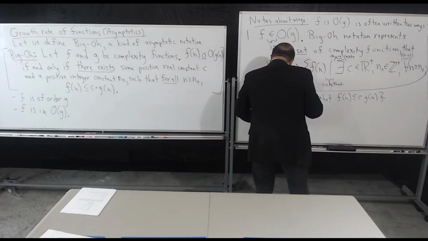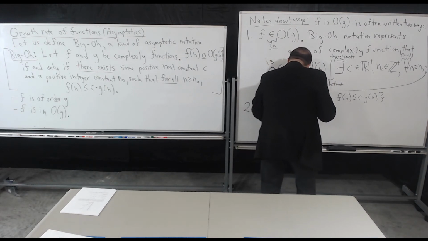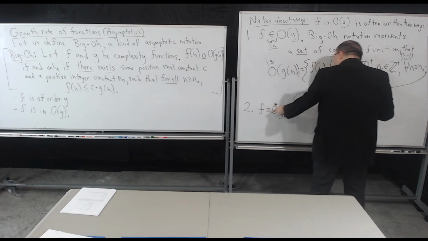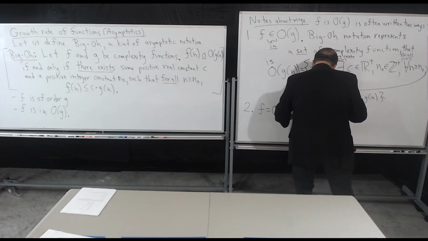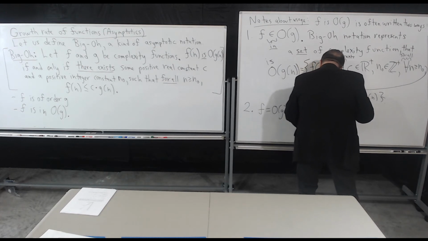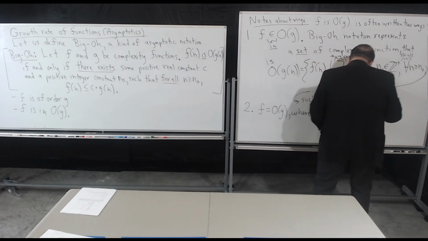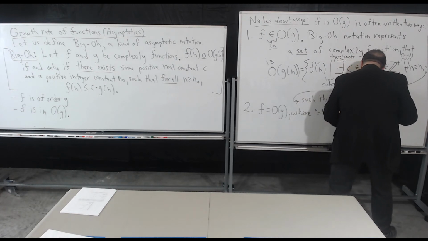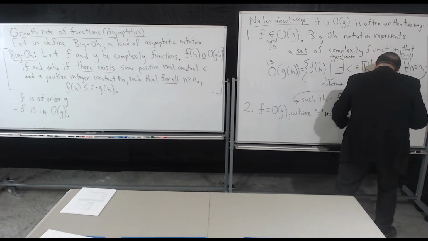This way, you cannot use this notation when you're going to use the one below. So this is the other notation. We have the equal sign right here, so I say f is big O of g, where the equal sign means "is", not equals.